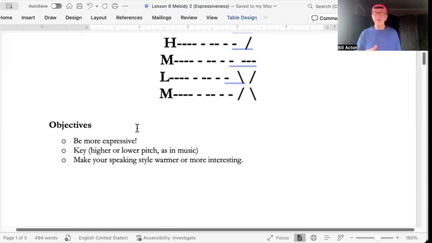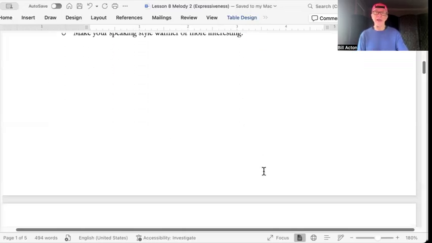We're going to use this key of high, mid, and low pitch and the MT4s to mix things together and practice how to use more variety, how to say the same thing different ways, given what meaning or feeling you want to convey to the other person.